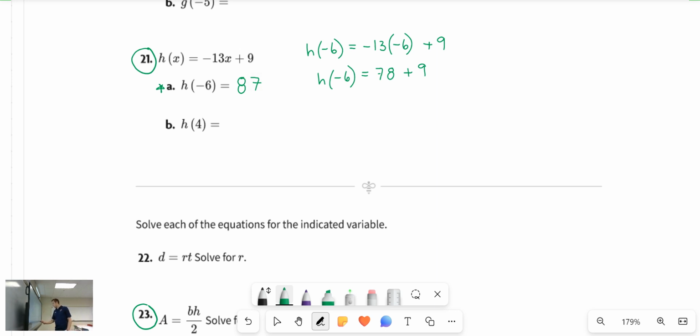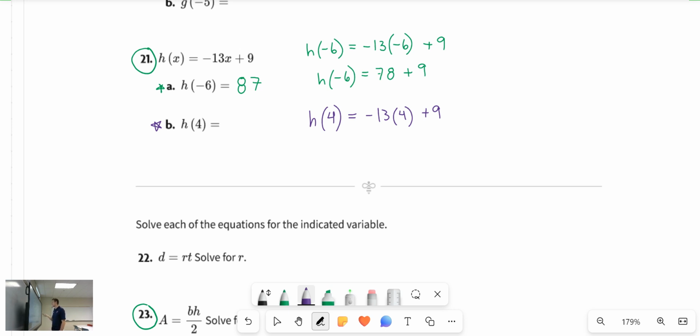All right, and we'll do purple for the next one. h of 4, so let's plug that in. h of 4 equals, and we're going to replace a 4 in parentheses wherever we see an x, so -13 times 4 plus 9. First we do the multiplication, -13 times 4.